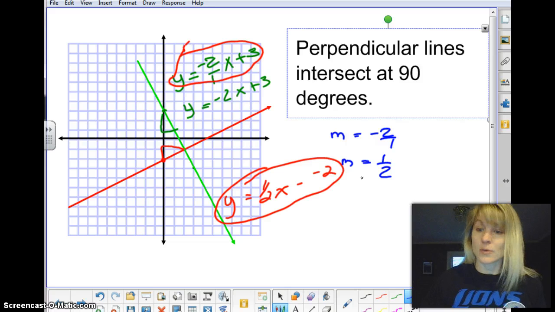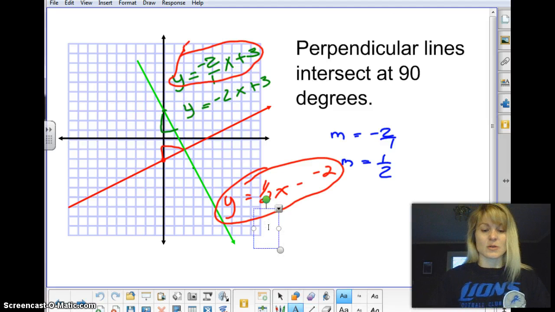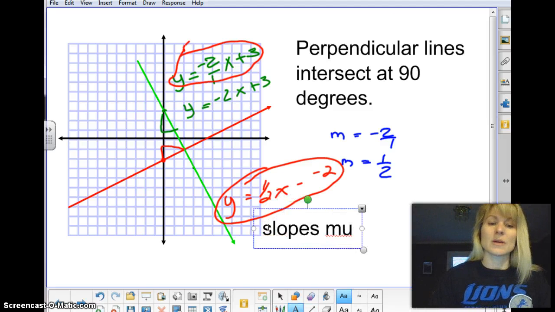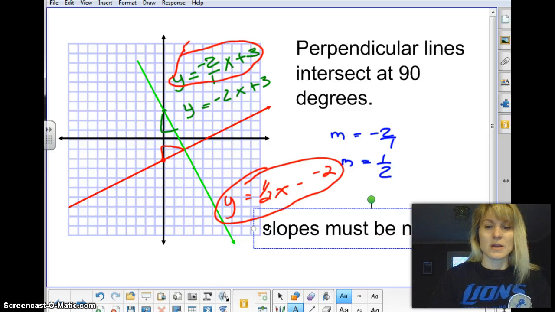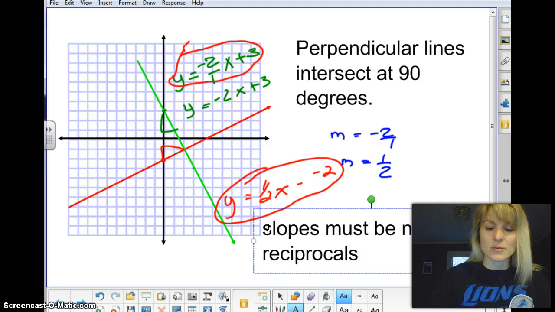One is negative and one is positive. Okay, so we can tell that these two lines are perpendicular by looking at their slopes. If they're negative reciprocals, they are perpendicular lines. So the slopes must be negative reciprocals. Now remember, reciprocal is like the flip, and negative means it's the opposite sign.